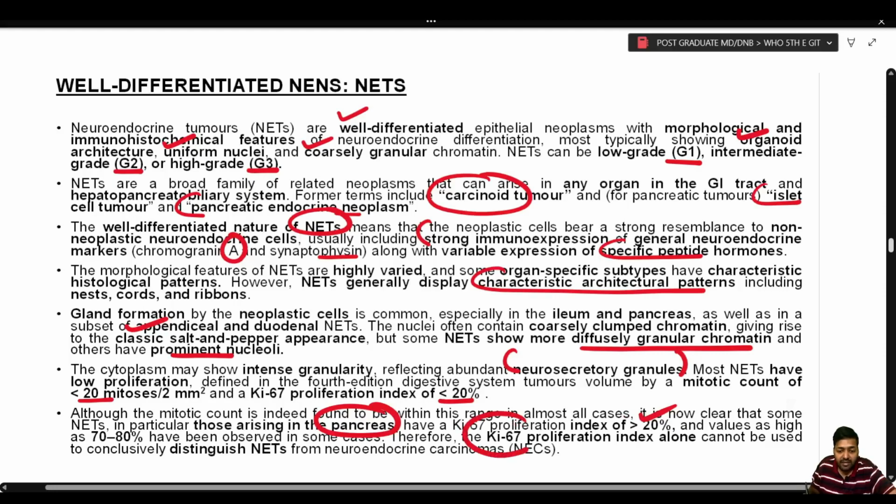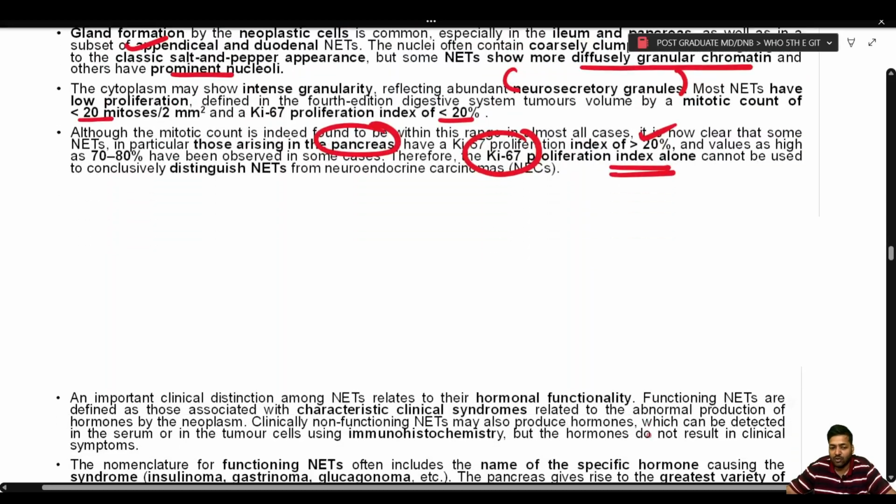Therefore, the Ki67 proliferation index alone cannot be used to conclusively distinguish the neuroendocrine tumors from neuroendocrine carcinoma. So in addition, you have to see the morphological features and other features like mitosis as well, in conjunction with Ki67, so as to label a particular tumor as a neuroendocrine tumor or a carcinoma.